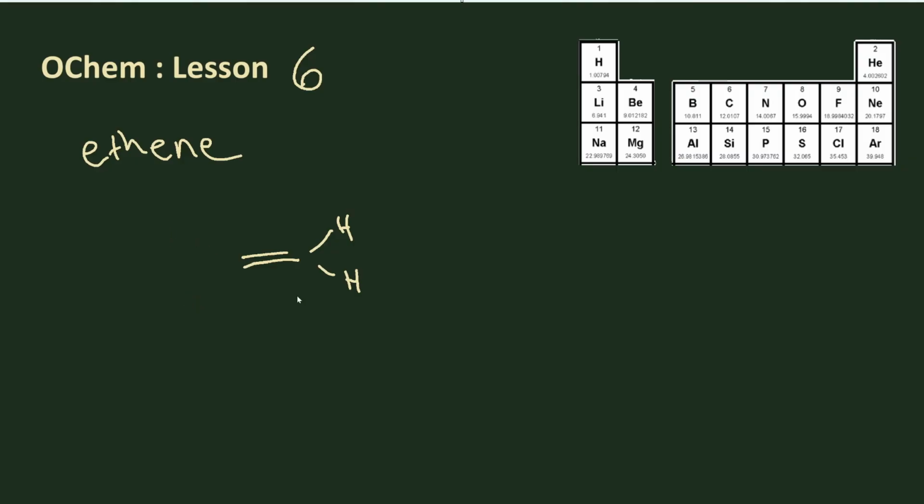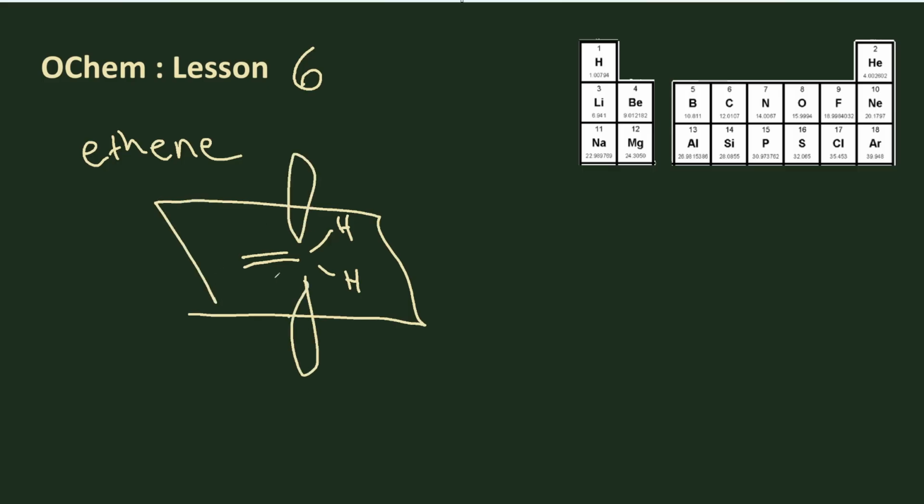And moreover, you should remember that this is in a planar structure as a consequence, because the p orbitals that have these electrons out here and overlap to form this pi bond between them down here, they don't have any mass. There's nothing bonded to them. So on a microscope that could go down to the atomic level, you wouldn't see anything. Everything would be in these hydrogens and carbons here on this flat plane. You should know that.